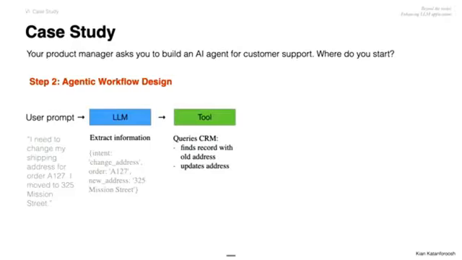The next step, it feels like you need a tool because you're actually going to have to look up in the database and also update the address. So that might be a tool, and you might have to build a custom tool for the LLM, or give it access to that resource with an MCP.